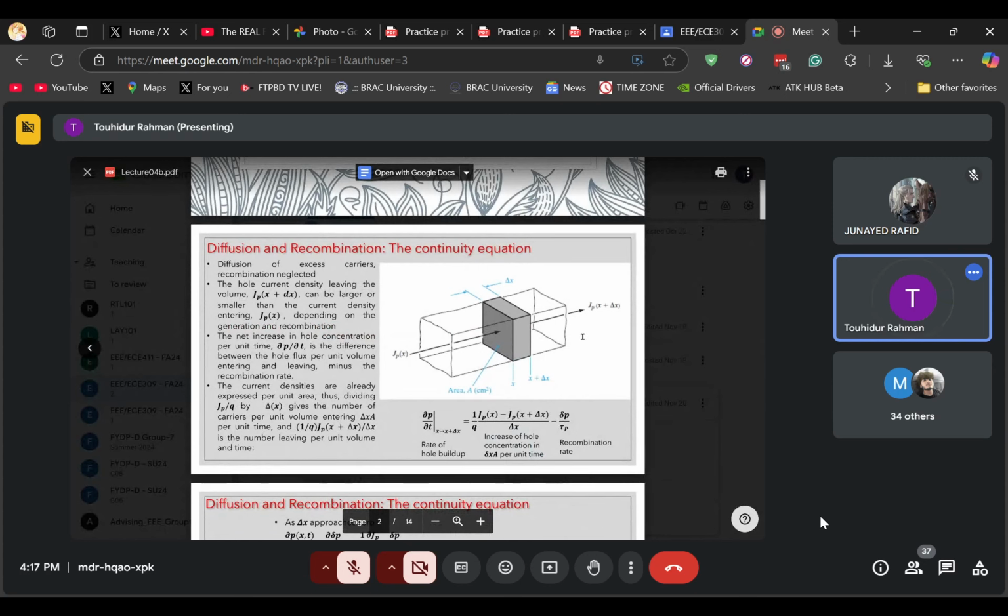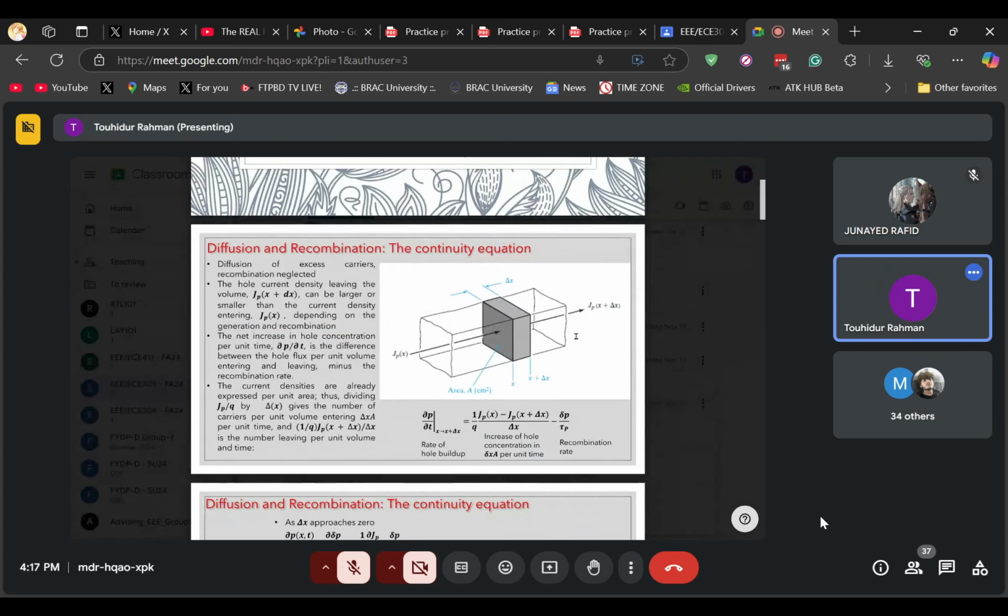Okay. At the beginning of lecture 4A, I mentioned that we are going to discuss two major items. One is concentration difference, which means diffusion. Another one is recombination. So we discussed those separately.